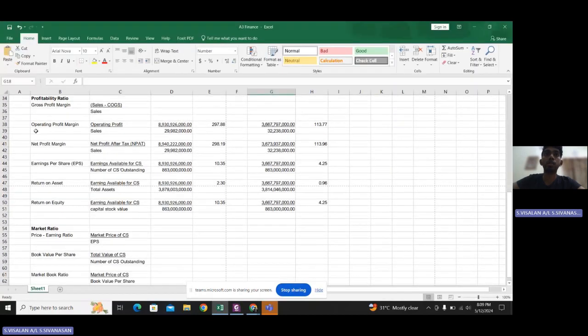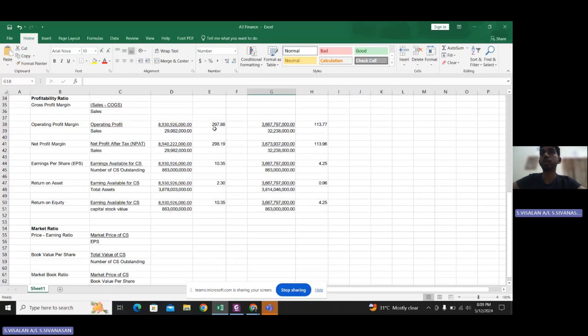So we just continue with operating profit margin. For operating profit margin, we need to divide operating profit by sales. Just now we used sales of 299,882,000, right?